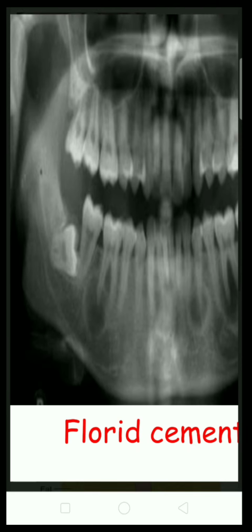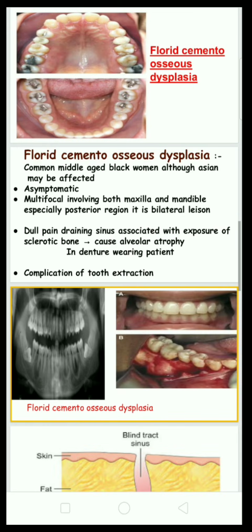These lesions can lead to the formation of osteomyelitis, because day by day they increase in the gum and soft tissues, or the bone becomes enlarged. If the patient wears a denture, the denture will irritate and form ulcerations.